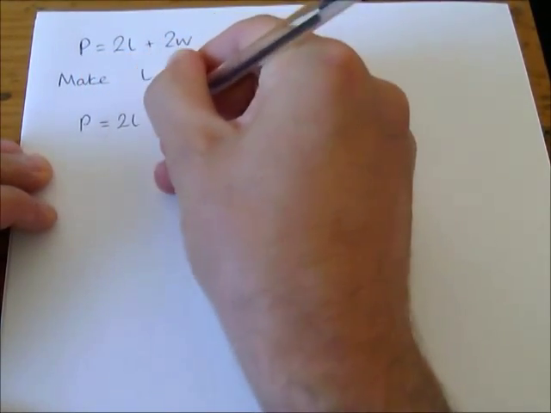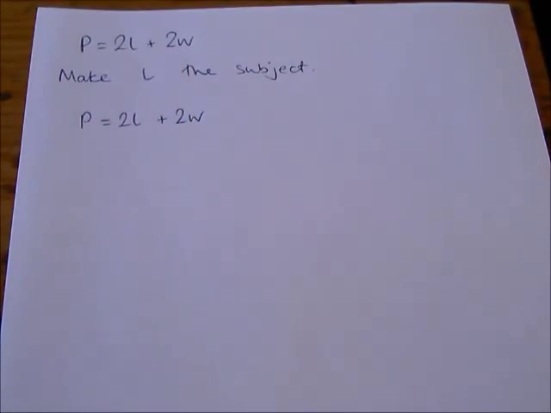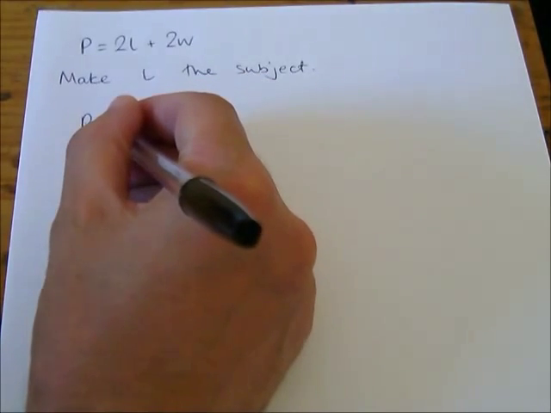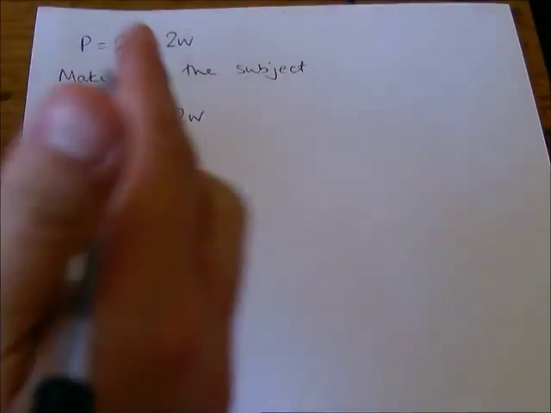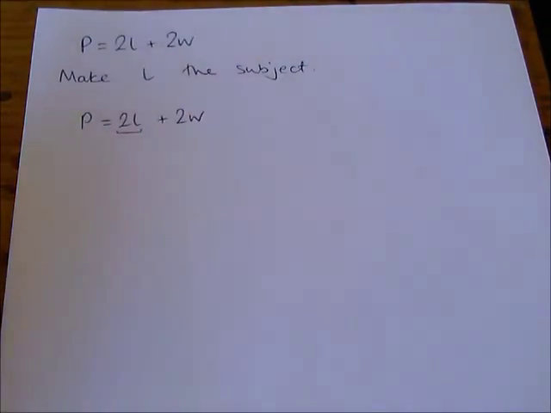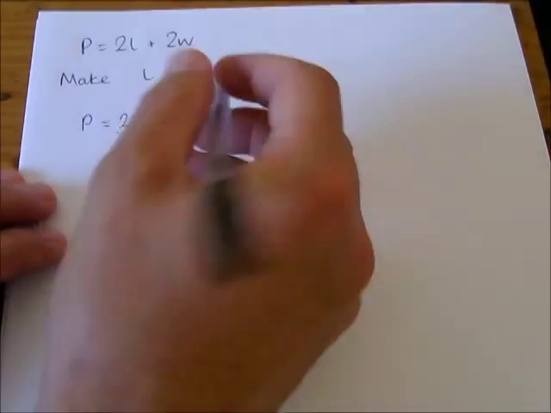Well, start with your formula and look and see if you can identify the term that L is in. There it is. Okay, so we're going to want to isolate 2L to begin with. In other words, get rid of that 2W. And then once we've got 2L equals something, we're going to divide it by 2 so we can get L equals something.